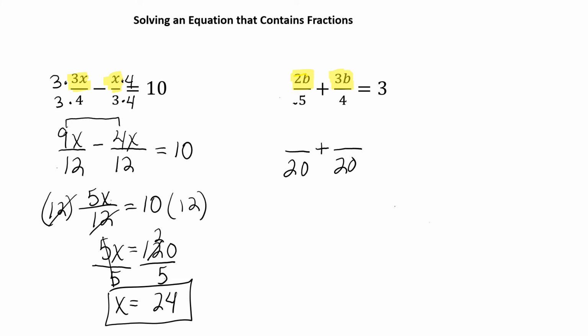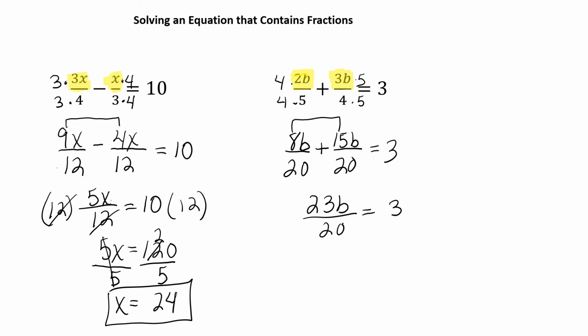Okay, so we're going to multiply this by 4 to get that to be 20. This will be 8b. And over here we have to multiply this by 5. This will give us 15b equals 3. Okay, so now we can go ahead and add them. 8 plus 15 is 23b over 20 equals 3.